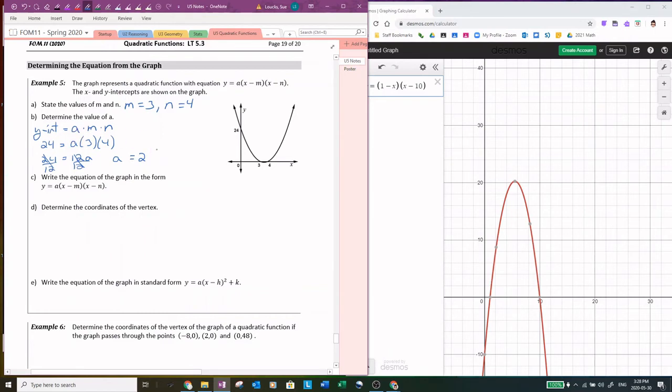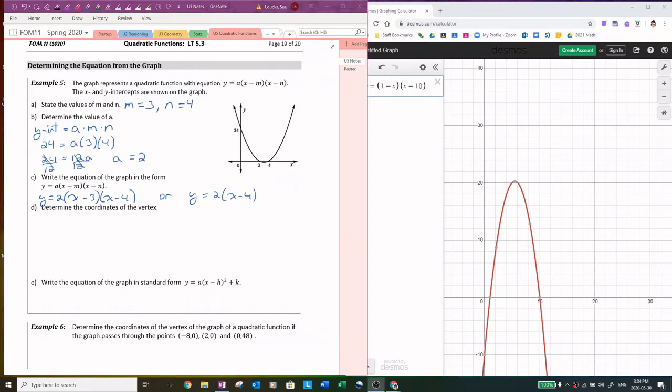Write the equation of the graph in factored form. So this is going to be y equals 2 times (x - 3) times (x - 4). Or y equals 2 times (x - 4) times (x - 3). That's fine as well.